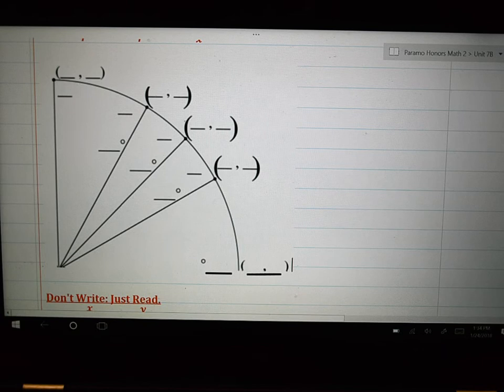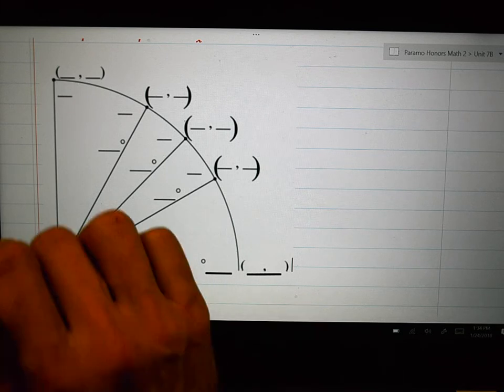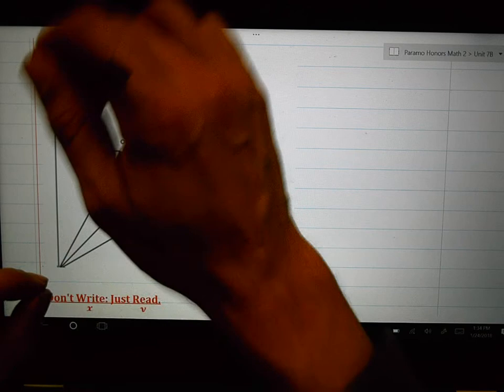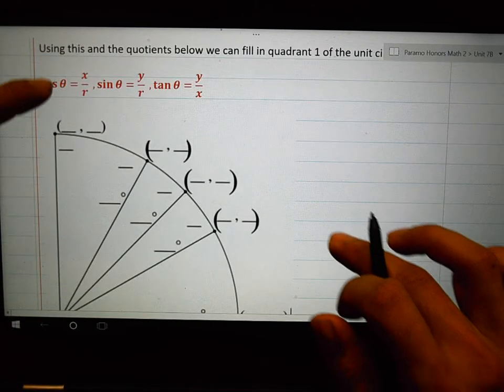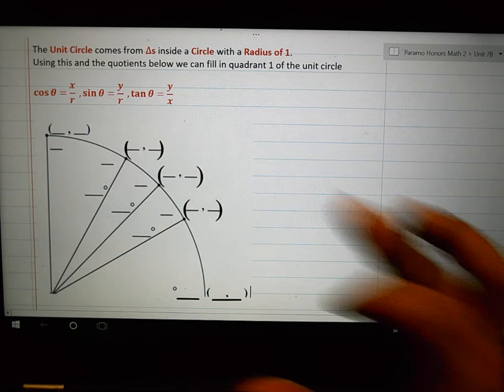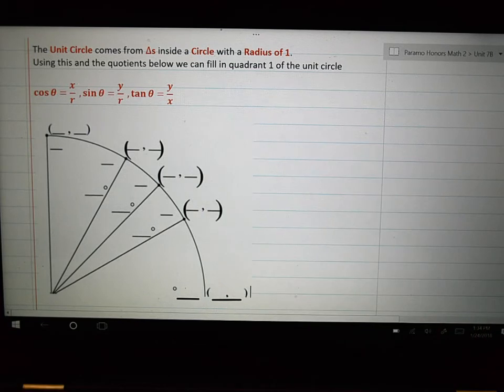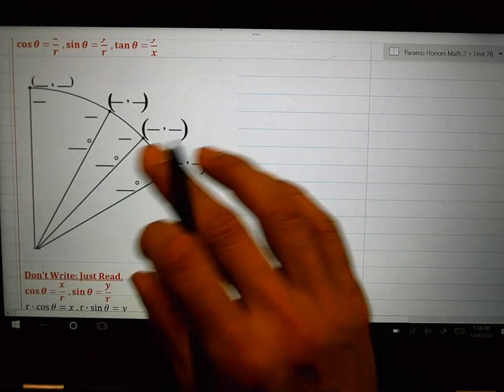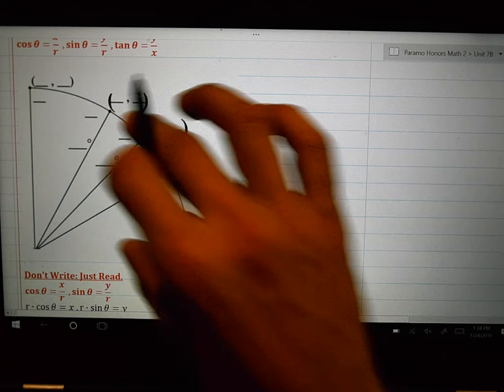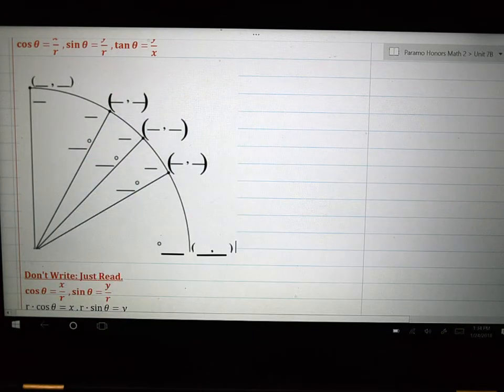And that's really what we have for a circle. We have an x-axis, we have a y-axis, and then we have this thing called a radius. So we're going to be using these things to fill out this particular unit circle. So here's what we're going to do. On your worksheet, if you want, what I want you to do is you can do this with me, and I'm fine with it.